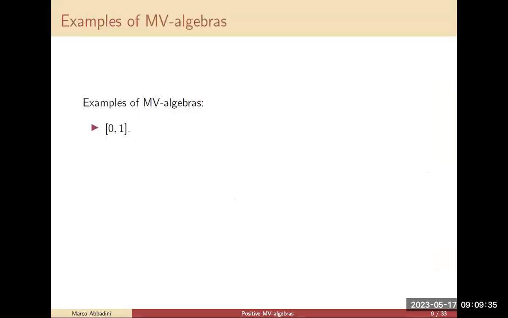Okay. So examples are the unit interval [0,1], and any subalgebra of [0,1]. Some interesting subalgebras are the two-element set {0,1}, and here plus is equal to the maximum, the join. Or also what is denoted by L2, which takes {0, 1/2, 1}.